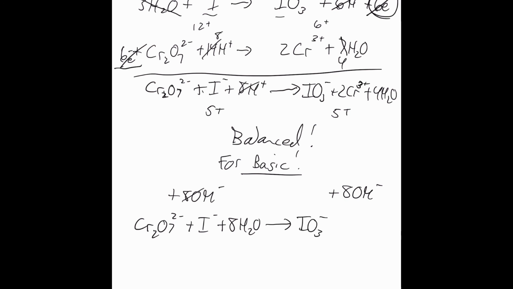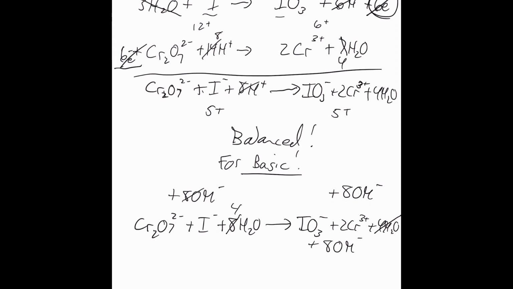We got IO3 minus. We got 2 chromiums. We've got 4 waters, and I don't have enough room. And we've got OH minus, so 8 hydroxides. Now those 4 waters are going to go away, and we'll be left with 4 on that side.